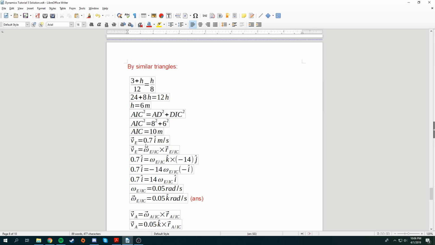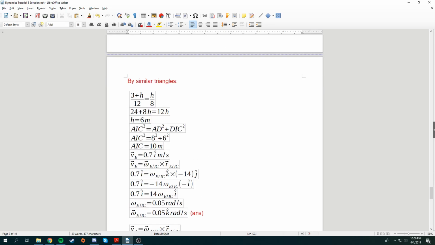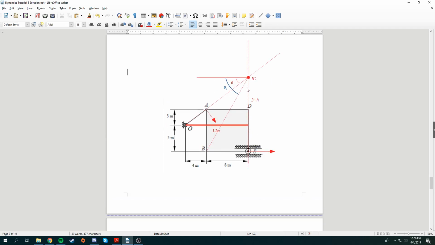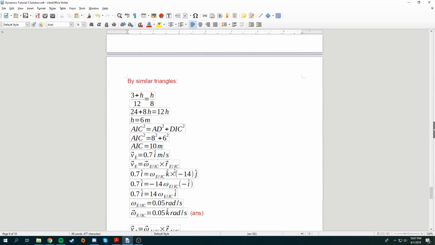And I know that VE is 0.7 meter per second towards the right. VE is equal to the angular velocity crossed with the position vector, so omega crossed with RE from IC. This is 6 meters, this is 8 meters, 6 plus 8 is 14, and the position vector is downwards because E is below IC. So RE from IC is negative 14.